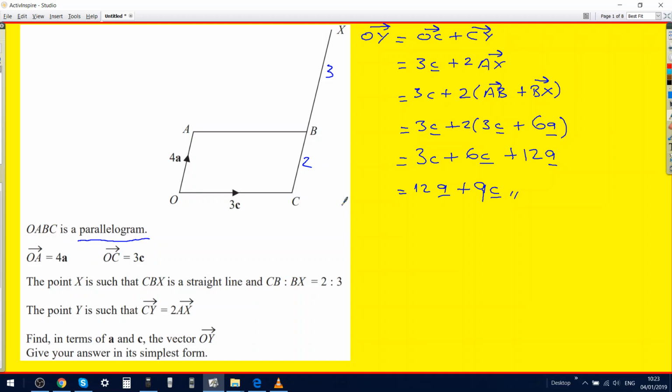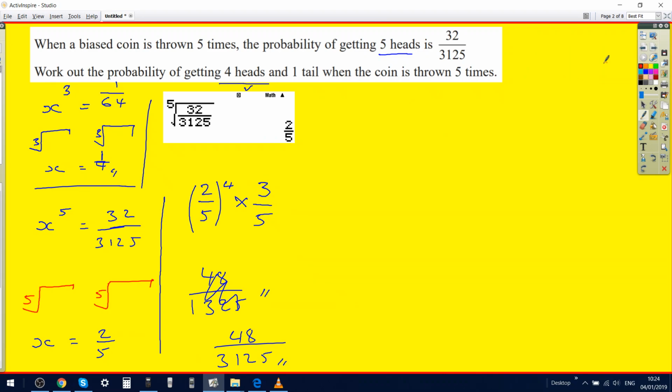Yeah, I think those first three lines were the most important thing. Like OY is this and this, CY is 2AX, and then AX is A to B plus B to X. And then so that's kind of the big idea for that one.